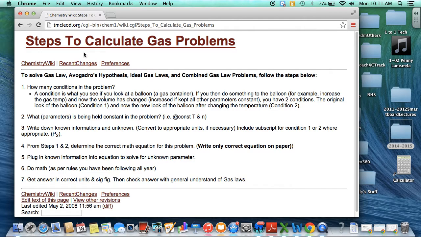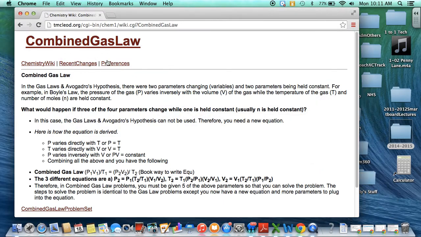The next thing, as you can see in the steps, is to declare our variables and figure out our mathematical equations. The combined gas law is exactly what it says: a combination of all the gas laws. Instead of having one variable in a bracket with a ratio of the variable that is changing, we're going to have two brackets since two variables are changing.